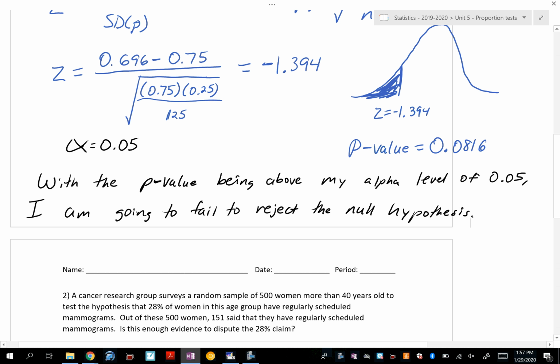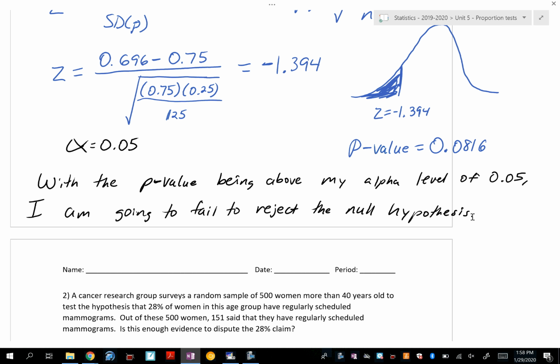You could say I'm not going to reject it. That's fine. I just don't want you to say accept it. That's why I go to that length to not say I accept it. Because again, I don't know if it's right. But right now, I don't have enough evidence to tell me that there's something better to use. So I still think the union spokesperson's claim of 75% is the best idea of the rate of union members that would go on strike.